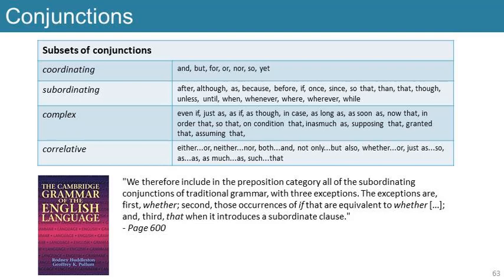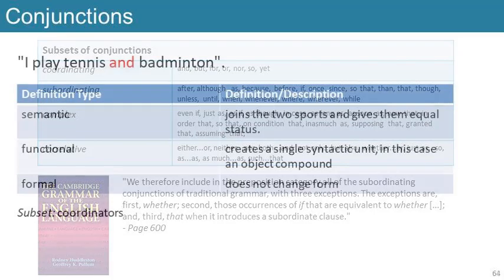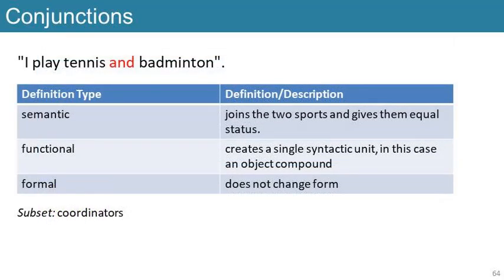Most conjunctions are single words, but there are a few complex subordinating conjunctions and disjoined correlative conjunctions. Note that the CGEL classifies most of the traditional subordinating conjunctions as prepositions. The conjunction to be analysed is and in I play tennis and badminton.